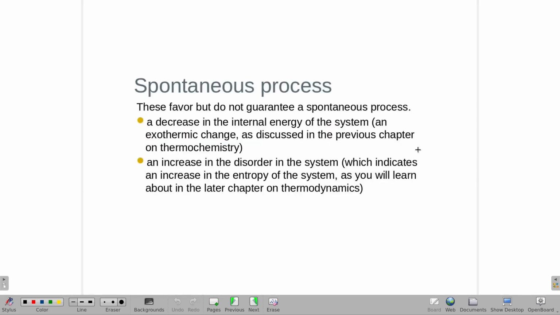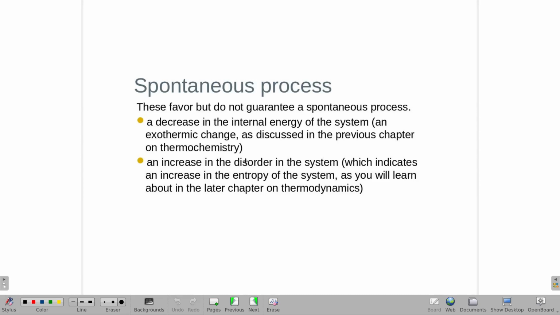Okay, so a spontaneous process is just something where there is a favorable decrease in the internal energy, or a favorable increase in the disorder. If both of these are true, it's guaranteed to be spontaneous.